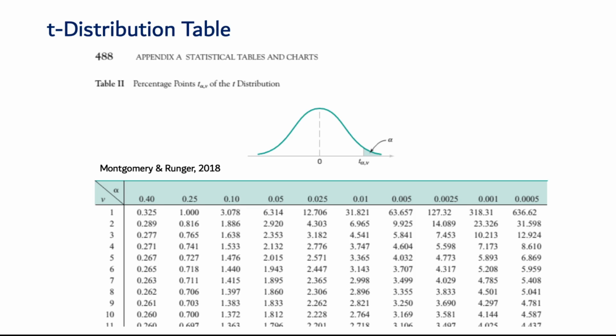From the table, we can find the t-value at the one-sided probability value of half of the significance level, or 0.025. That's half of the 5%. And we have the degrees of freedom, n minus 1, equal to 9. Thus, we can obtain the t-value of 2.262.